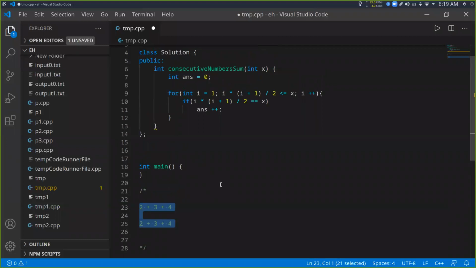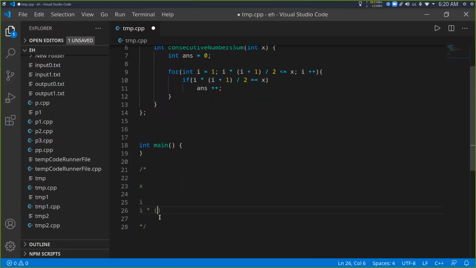So how to check if I have some x and I have some i? Okay, so here is our x, and here I'm standing at some i, and I'm having the condition that i times (i plus 1) over 2 is smaller than x.